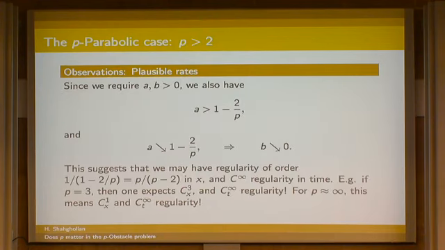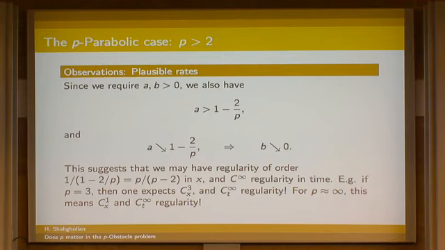Okay, what happens if we let A be larger than 1 minus 2 over p? Okay, and it goes down to that value. Then it tells you that B is going down to 0. And this is actually a strange behavior. What does it say? It says when A goes to 1 minus 2 over p, that gives you an exact regularity in the x direction.